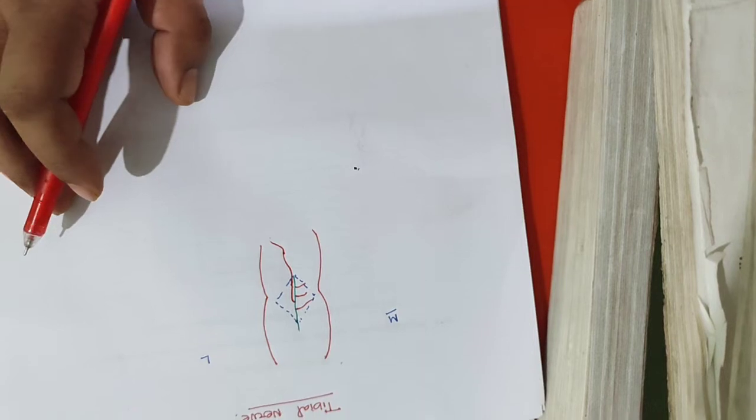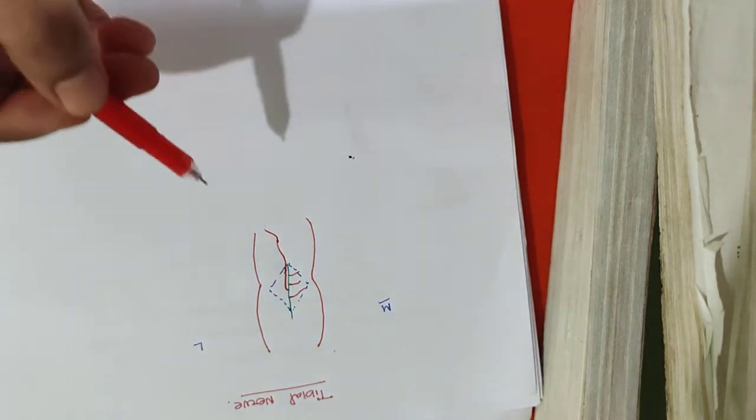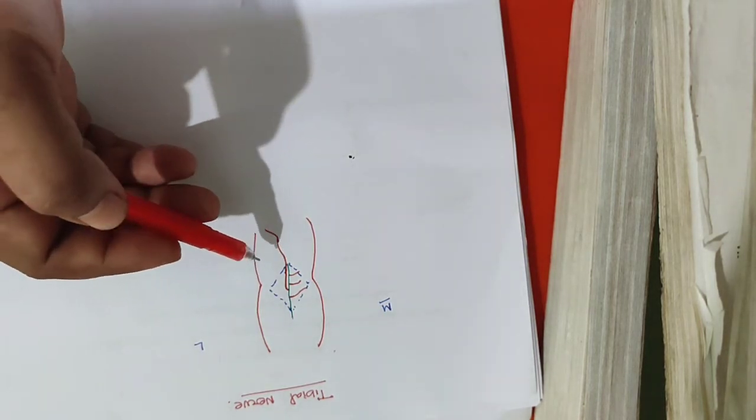This is one cutaneous branch, which is called the sural nerve.